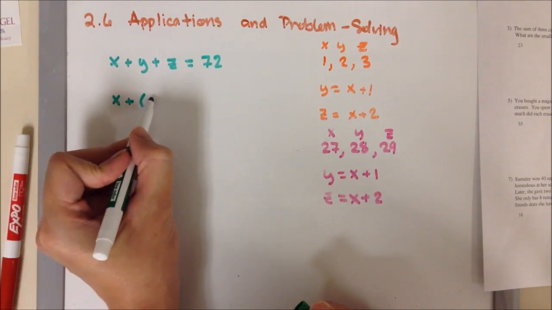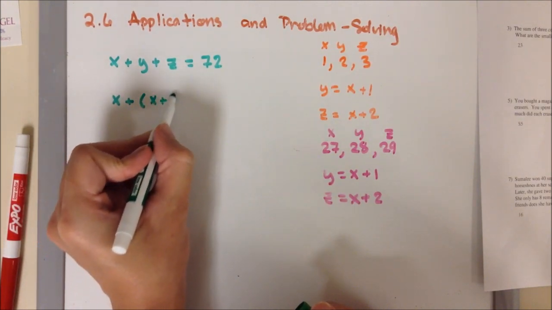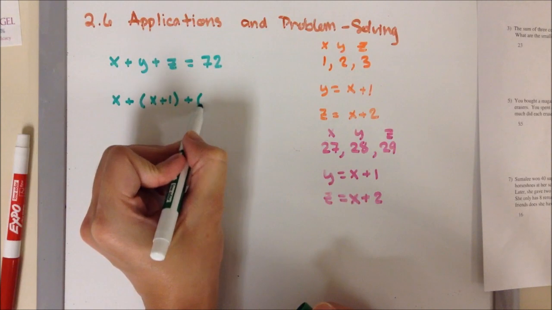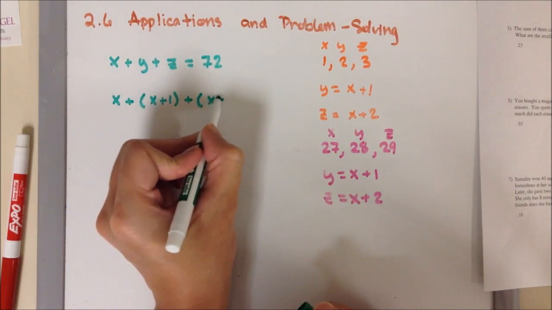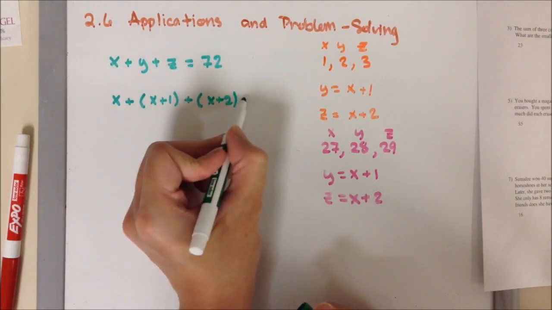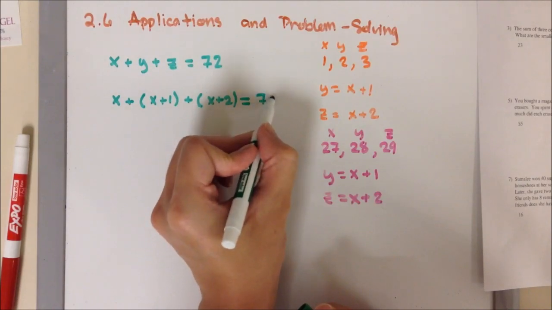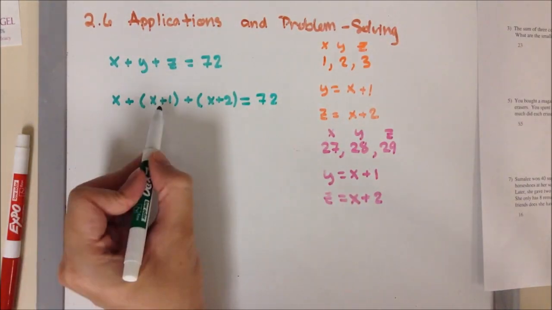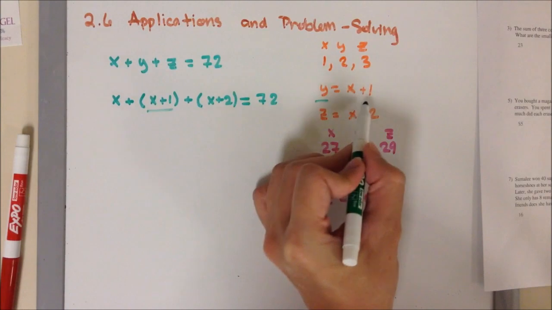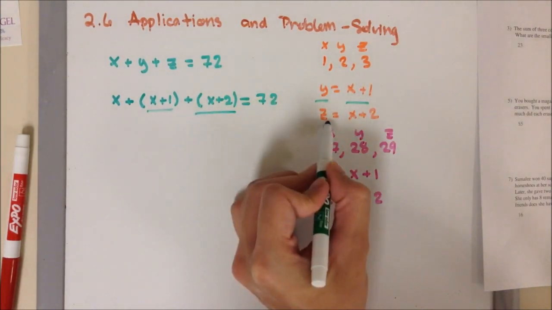Parenthesis, for y it's x plus 1, plus, parenthesis, for z it's x plus 2, equals 72. So all I did was plug in x plus 1 for my y and x plus 2 for my z.